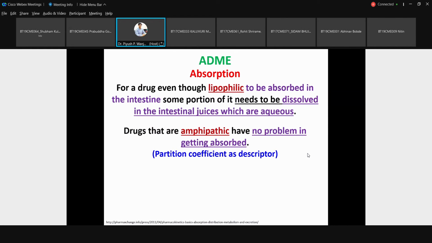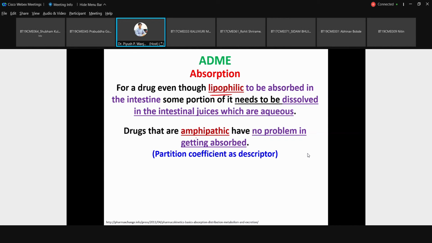For absorption to happen, highly hydrophobic or lipophilic compounds create issues, but you should consider that they should be water soluble. They should have some group which makes them water soluble. If they are totally hydrophobic, they are not going to get absorbed, and that is going to create problems.